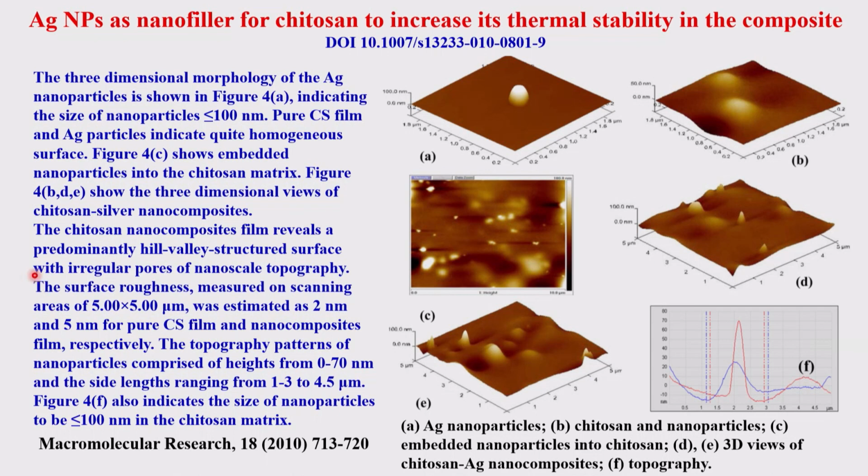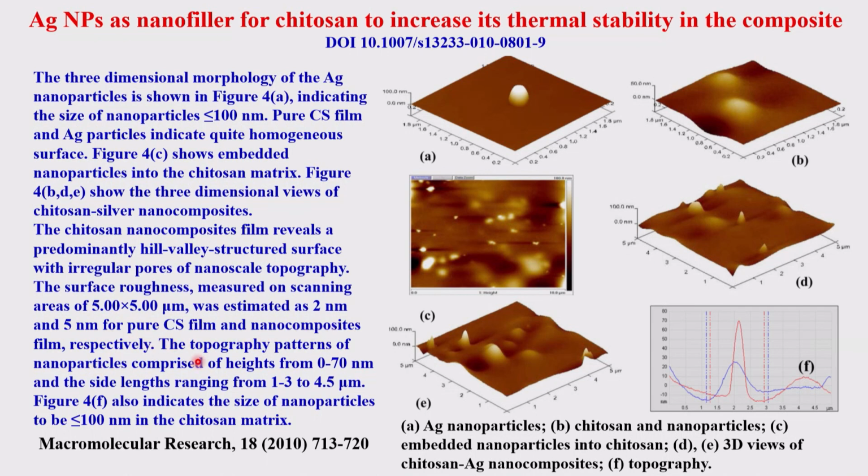Okay, so in this case, the chitosan nanocomposite film reveals a predominantly hill-valley structured surface with irregular pores of nanoscale topography. The surface roughness measured over the scanning area, around 5 by 5 micron, is estimated to be 2 nanometers and 5 nanometers for the pure chitosan and the nanocomposite.